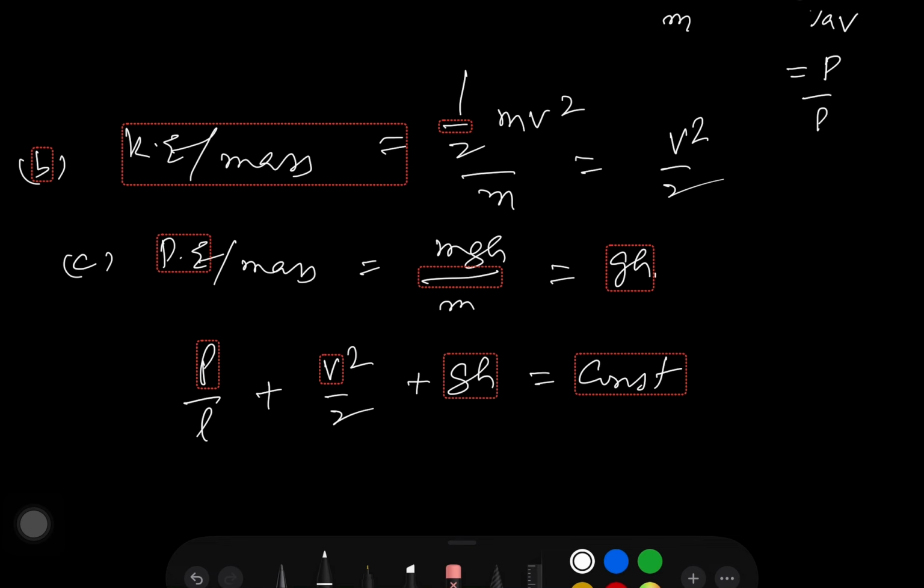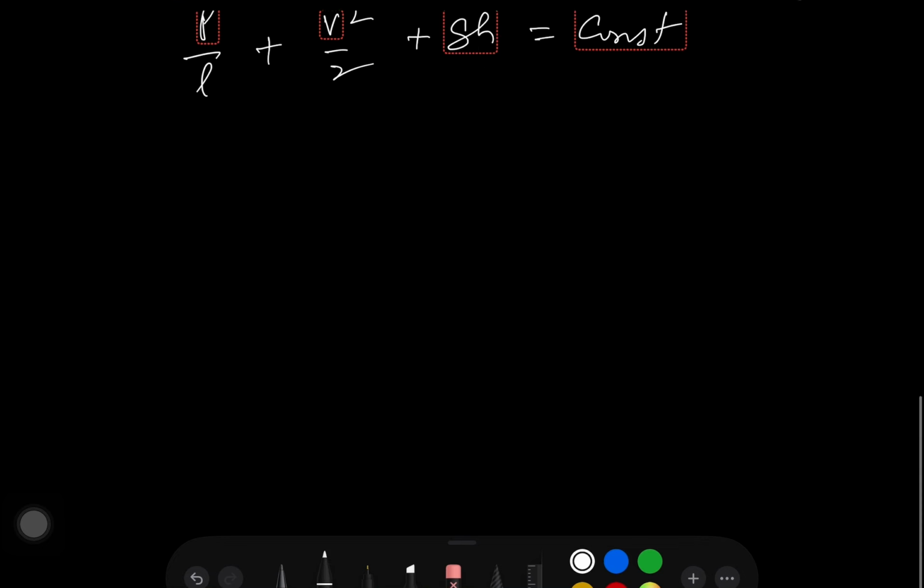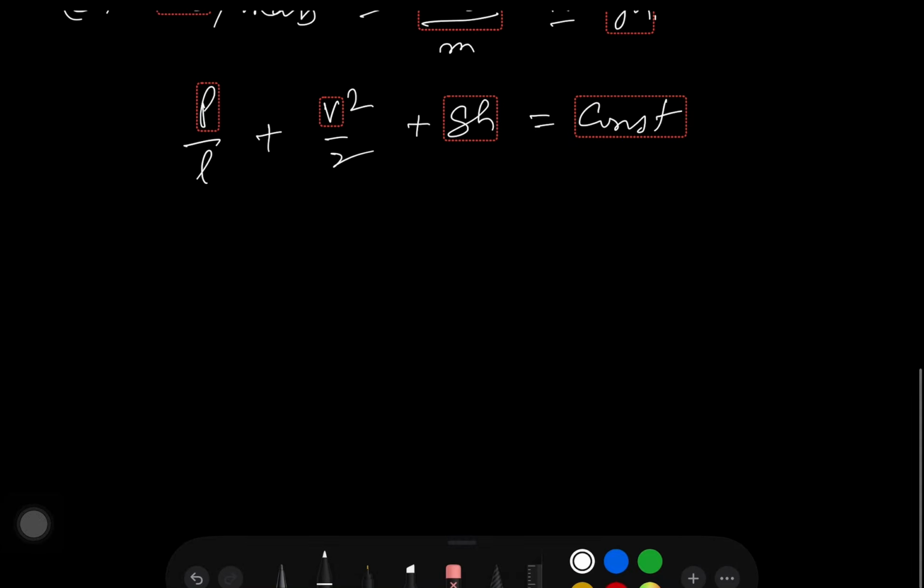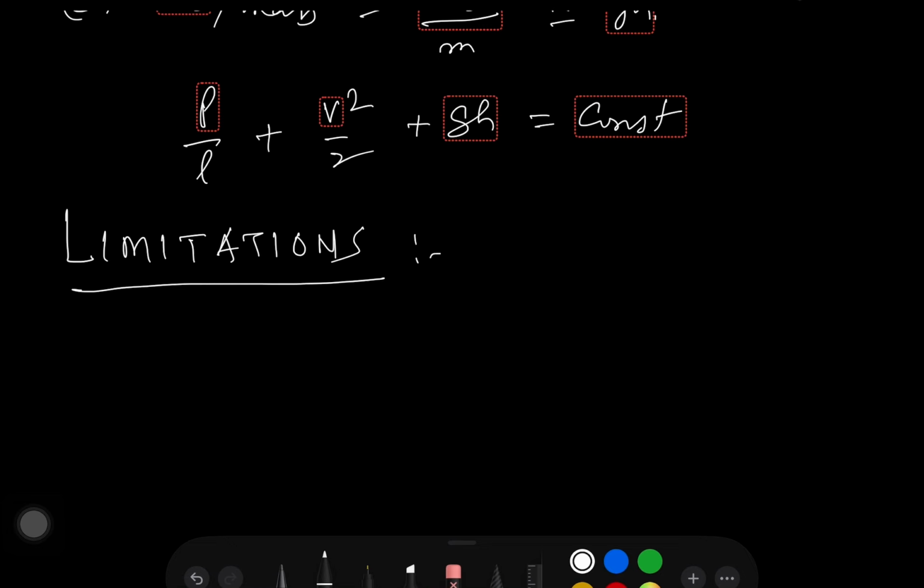And one more thing, P upon rho is called pressure head, V square by 2 is called velocity head, gh is called gravitational head. So always remember, right? So these are different versions of Bernoulli's theorem. At last, let us see limitations.